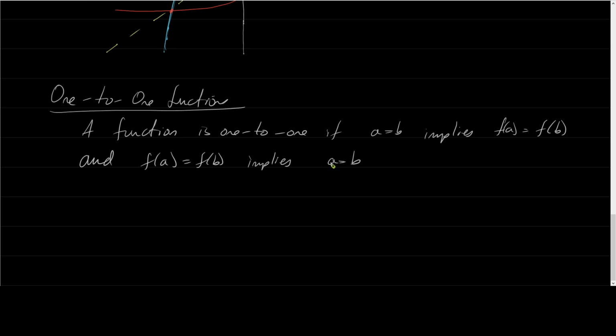So it must imply both for a function to be one-to-one. Essentially, what this means is no x and y repeat, all right? An easy way to remember what is a one-to-one function, well, it's something called the horizontal line test.